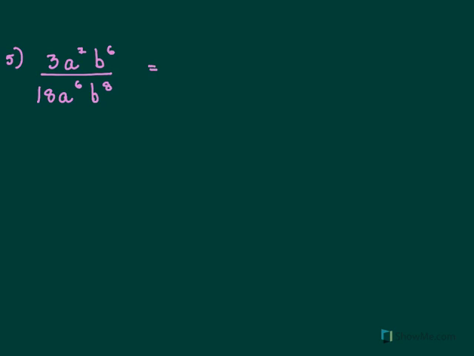Now for the next sum, first we will divide 3 over 18. We'll just put the a term separate and the b term separate. Now let's start working it out. 3 over 18 is 1 by 6. Here will be a raised to 7 and a raised to 6, 7 minus 6, because it is divided.